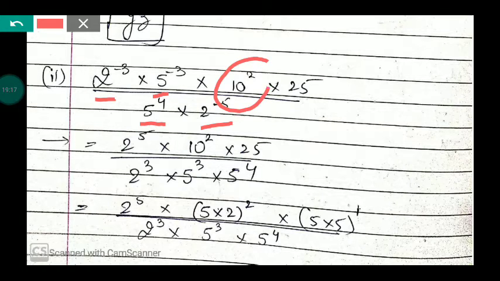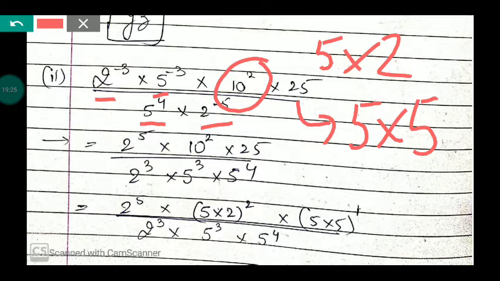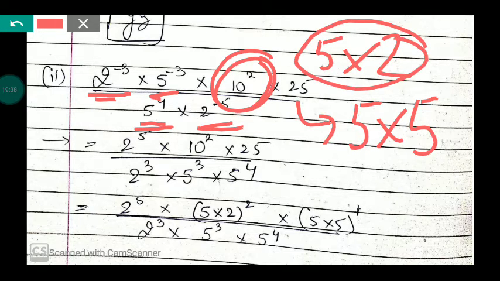So this we can write as 5 twos, and this we can write as 5 fives. Why? Because everything over here is given in the base of 2 and 5. So if we convert this into 2 and 5 form, and this into 5 into 5 form, only then can we apply the laws of exponents on them.